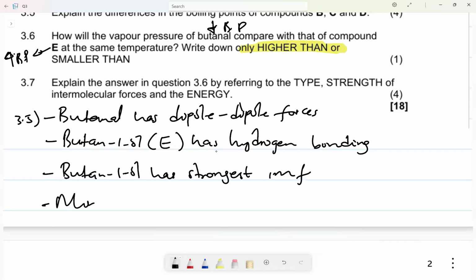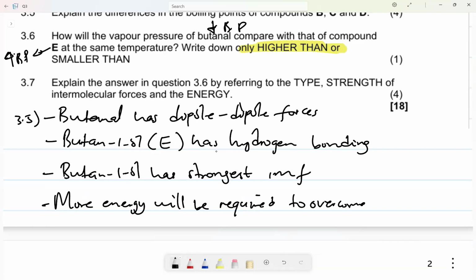Therefore, more energy will be required to overcome intermolecular forces, not to break, to overcome intermolecular forces of E. Therefore, you are done.